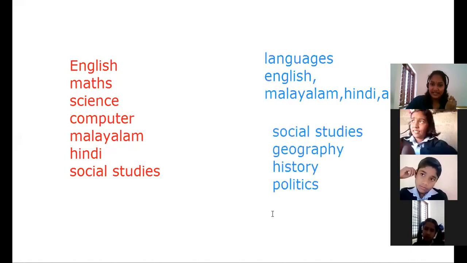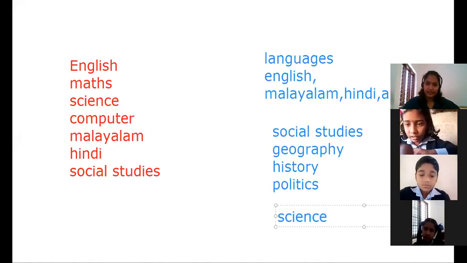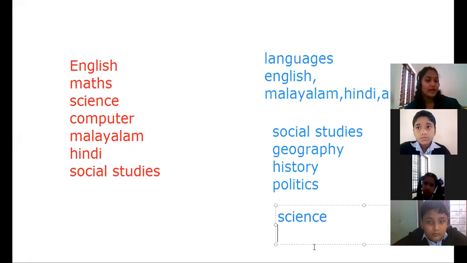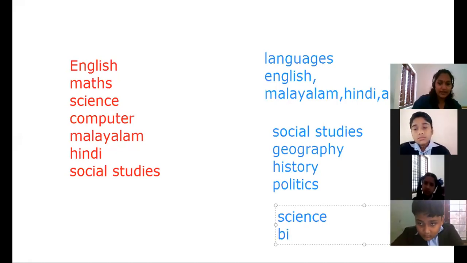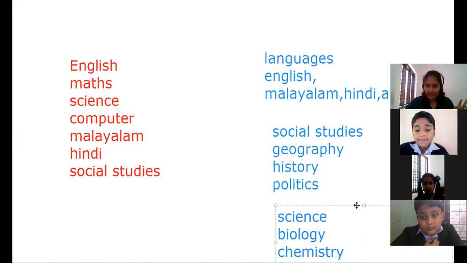And what about science? In science we have 3 classifications: biology, chemistry, and physics. Maths also has classification, like geometry and algebra. In maths we study geometry and algebra, but you don't have two separate texts, it is combined.